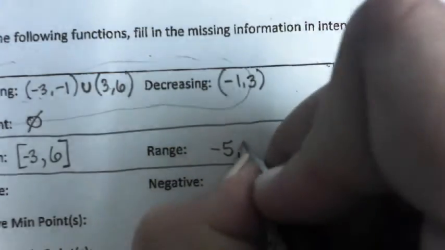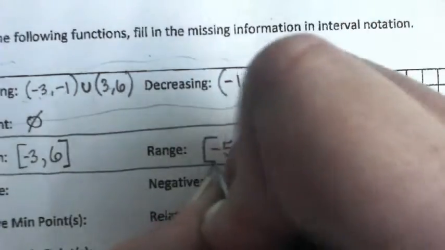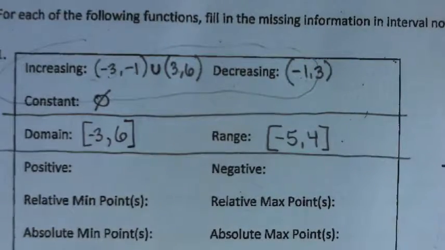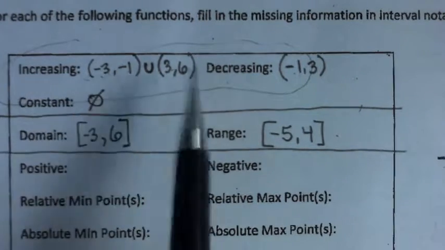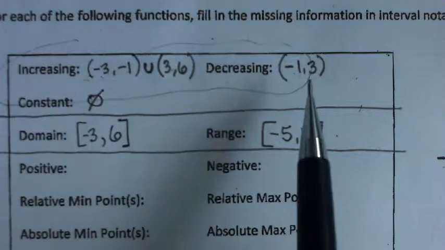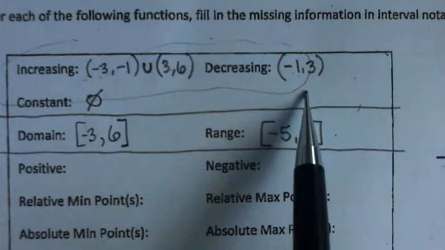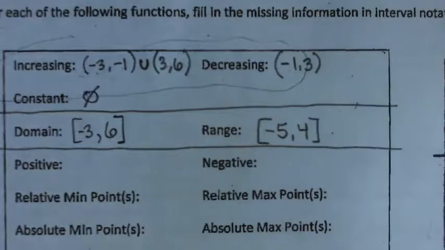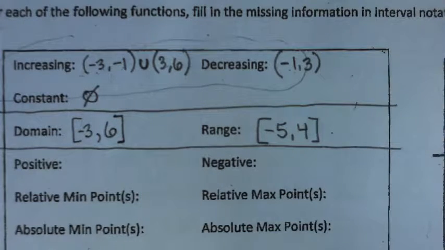Hence the brackets. Any questions so far? Just a small note. Increasing, decreasing, and constant intervals will always use parentheses. Okay? Domain and range, it depends on the problem and what the endpoints look like, if they're open circles or closed circles.